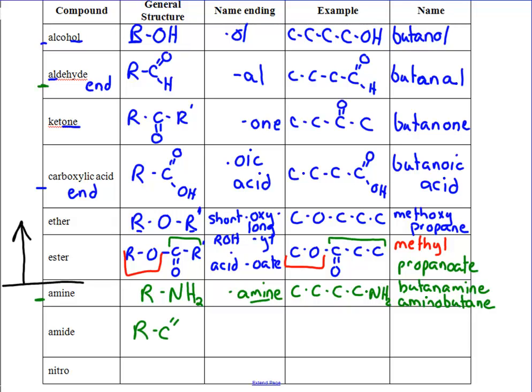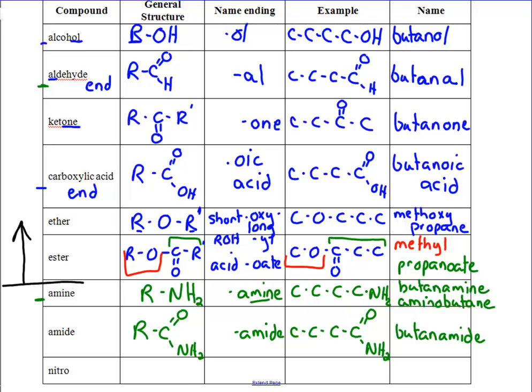So I have the double bonded oxygen on the end carbon, just like an aldehyde, but rather than that hydrogen, I have the amino group. And so this is an amide. So my 4-carbon compound, double bonded oxygen from the aldehyde, amine stuck on in place of the hydrogen, and so butanamide. It's a quick way of saying.